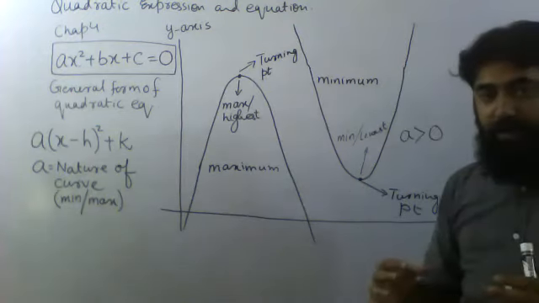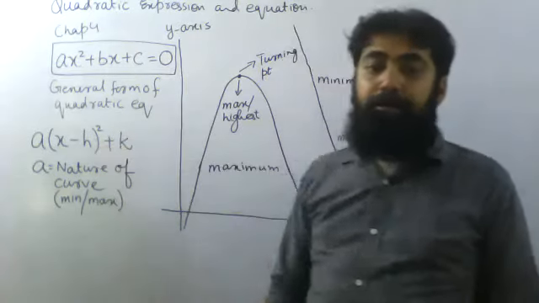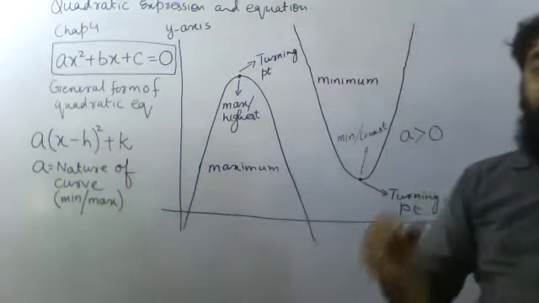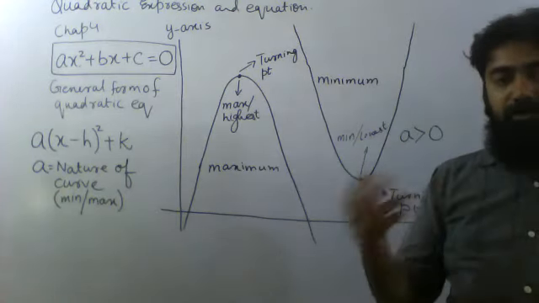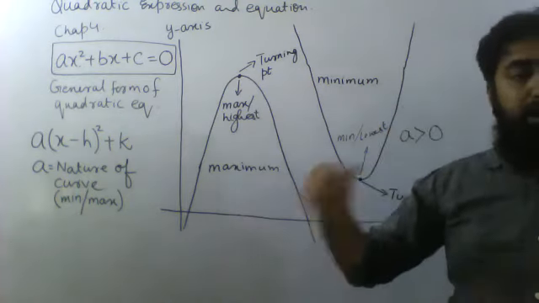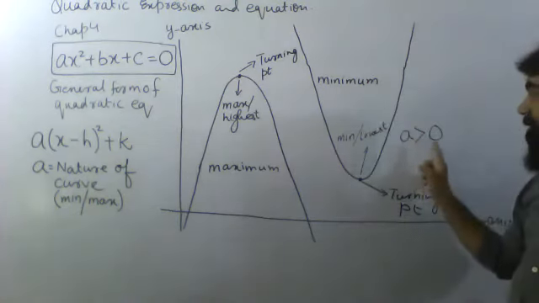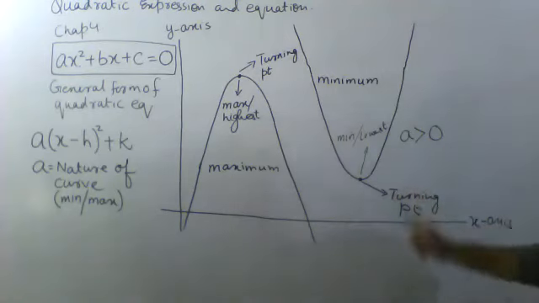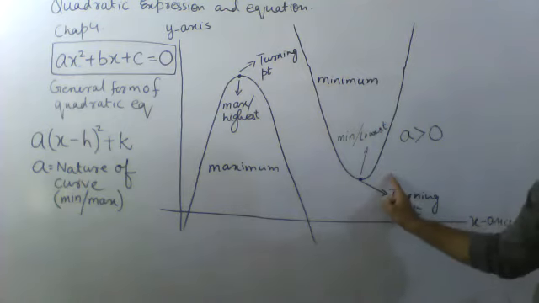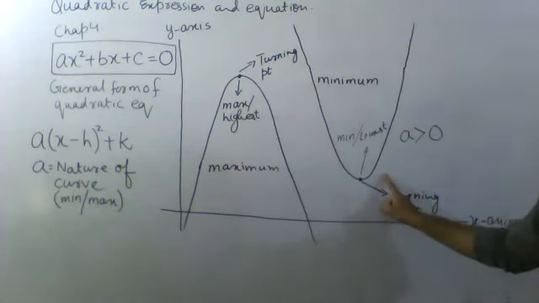Means I have got an equation, I have simplified it, I have got it in this form. If the value of a is coming positive, positive 1, positive 3, positive 100, positive 1000, doesn't make any difference. If the value of a is greater than 0, then whatever curve is given, that is a minimum curve.